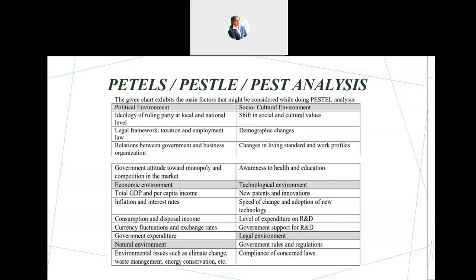The next one is the socio-cultural environment. Now, speaking about this, there might be shifts in social and cultural values, demographic changes, changes in living standard and work profile, and awareness of health and education.